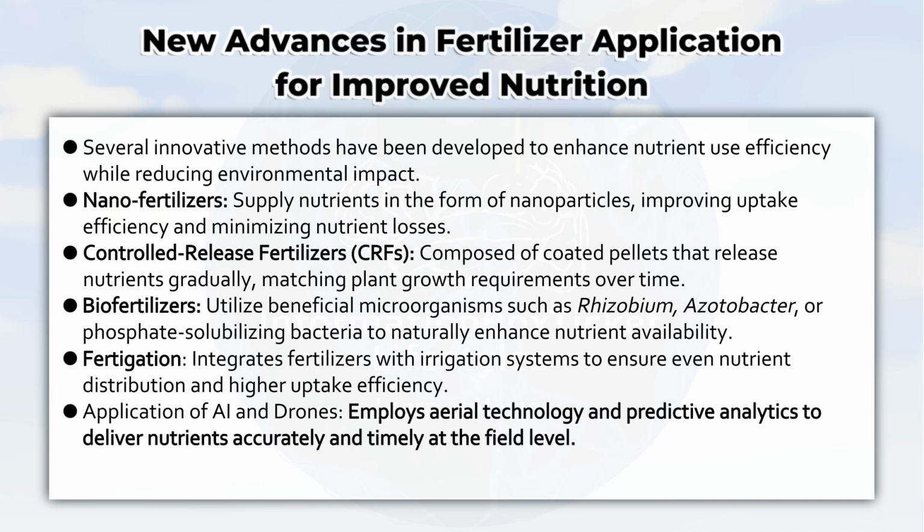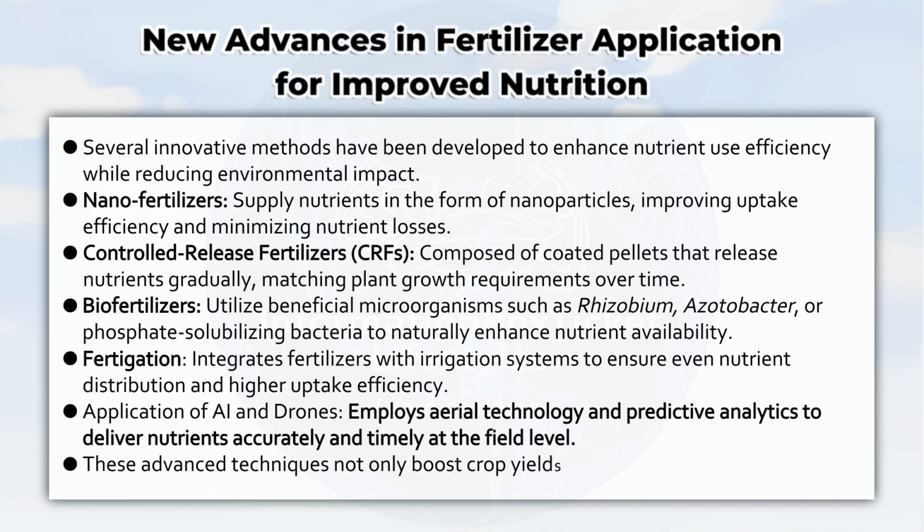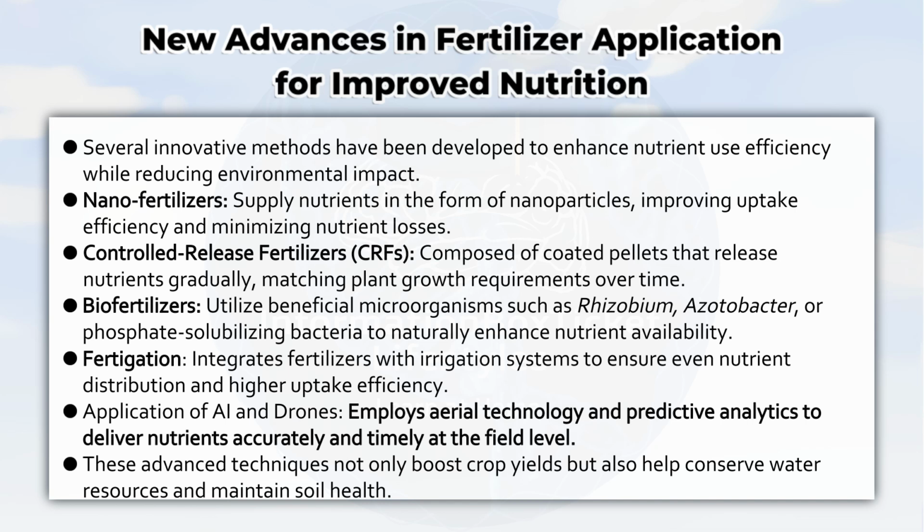Application of AI and drones employs aerial technology and predictive analytics to deliver nutrients accurately and timely at the field level. These advanced techniques not only boost crop yields, but also help conserve water resources and maintain soil health.